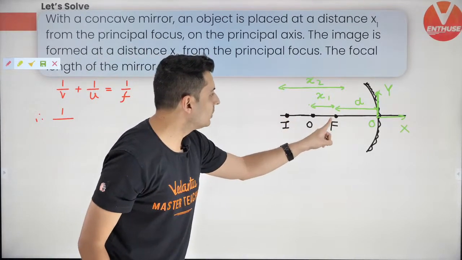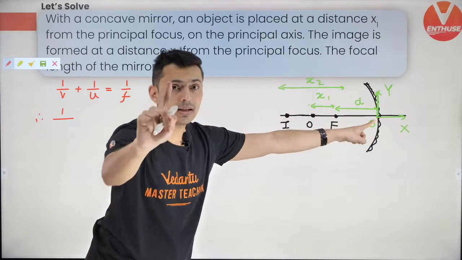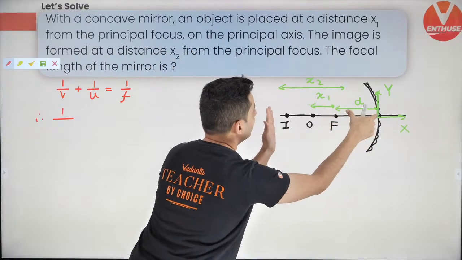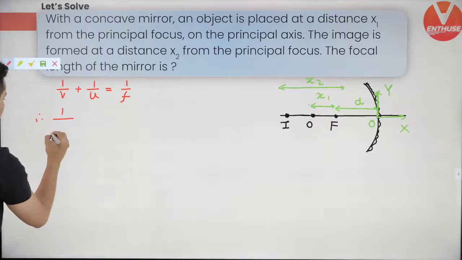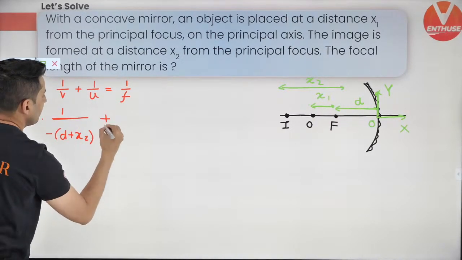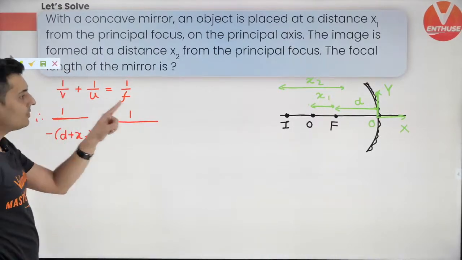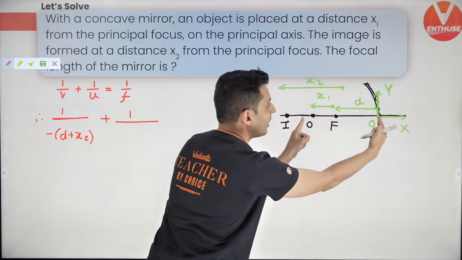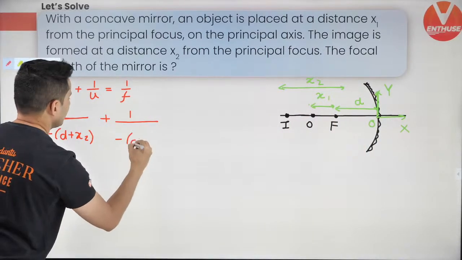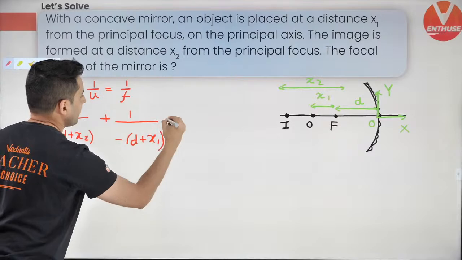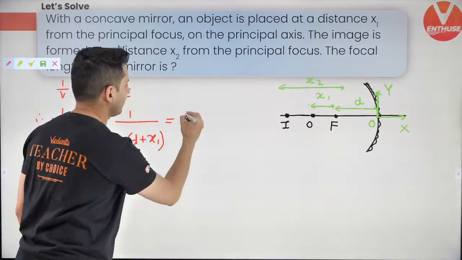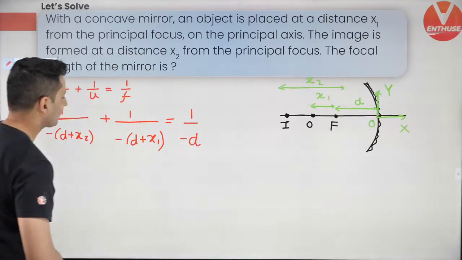It will be x2 plus d but with a negative sign. The total image distance or coordinate will be minus d plus x2. Plus 1 by object distance, from here d plus x1 but with a negative sign, so minus d plus x1. What is focal length? It is d but with a negative sign, so minus d. That's it.